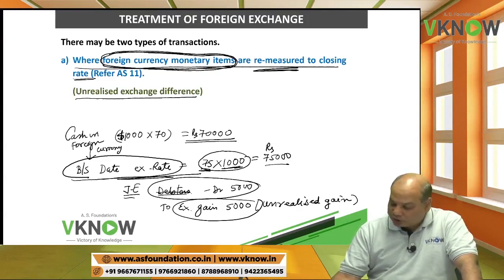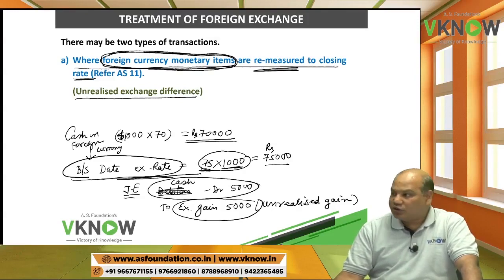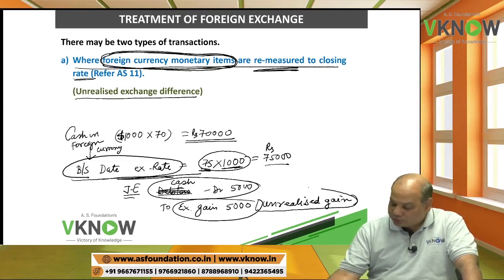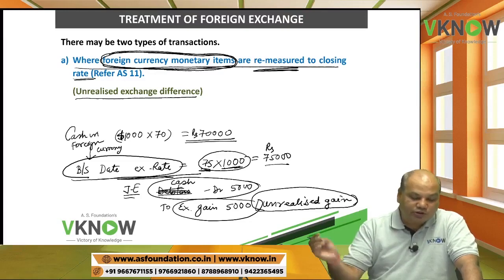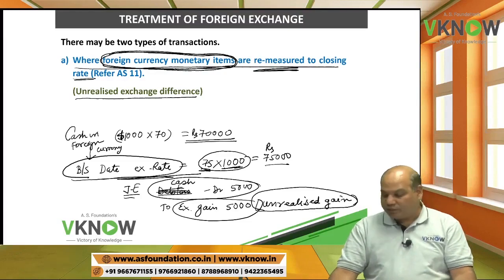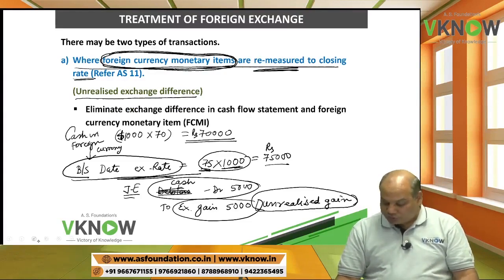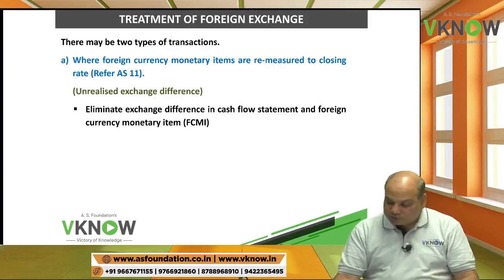So the journal entry would be cash account debit 5,000 to exchange gain account 5,000, but this is also unrealized gain, because it is just the change in the value of exchange rate. So these are called exchange difference.